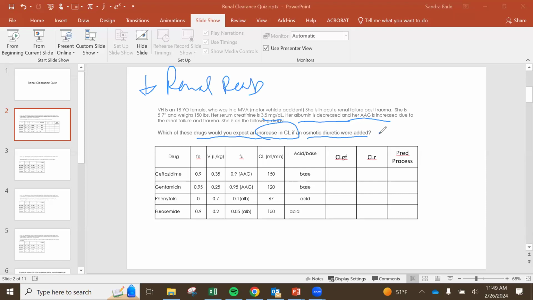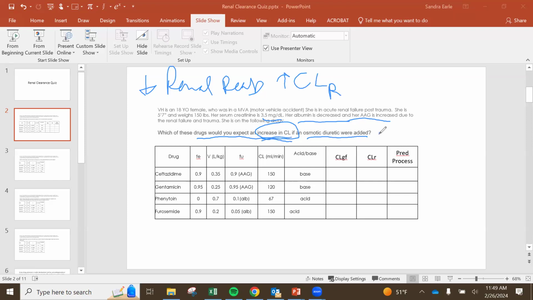Because that's a passive process that's dependent upon that concentration gradient. And if you don't have the drug in the tubule being concentrated as it goes down as much as it would, you would decrease the reabsorption that happens. So if you decrease reabsorption, it's staying in the tubule, and you'll have an increase in your renal clearance.